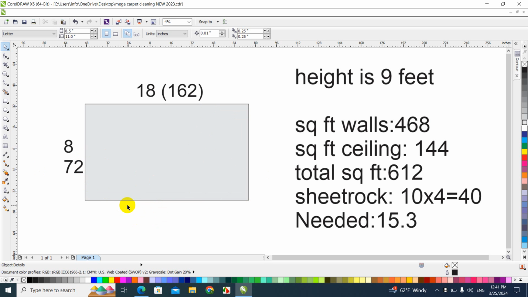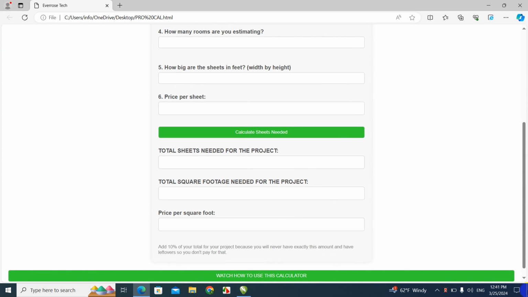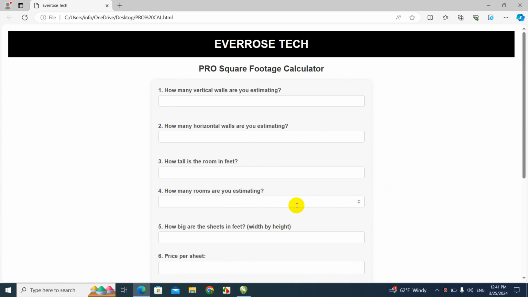So now let's use the Pro calculator and find out if we get the same result, okay? Now let's go to our calculator, which you can get in the description of this video below. Just click on the link. It will say, get this calculator, the Pro square footage calculator. So first question, how many vertical walls are you estimating?